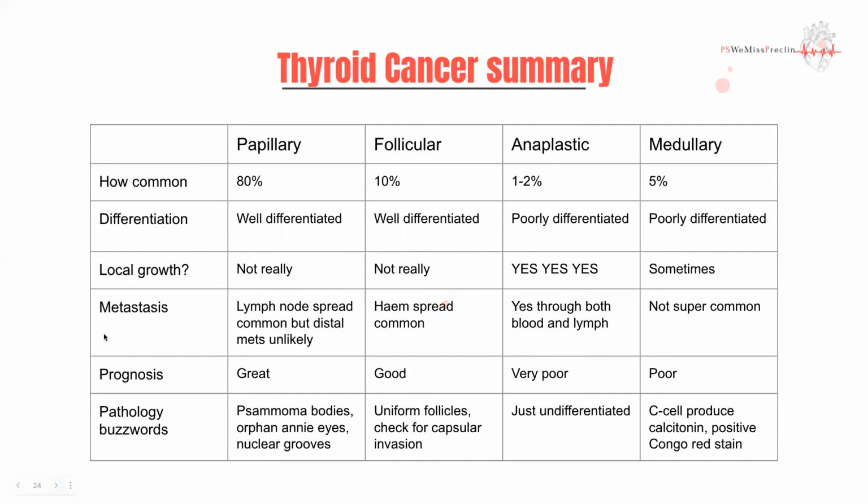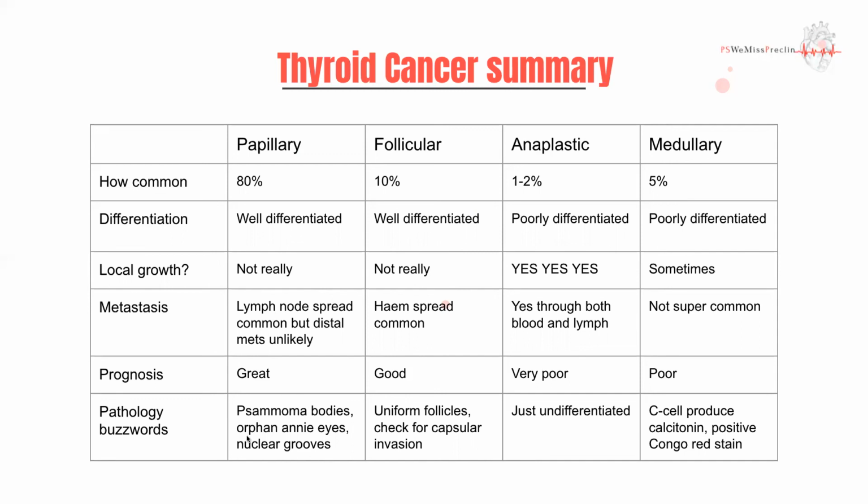Other things are that papillary cancers typically spread through lymph nodes, while follicular cancers often spread through the blood. The way I remember this is follicular cancers arise in the follicles. Follicles are the places that produce the hormone, and therefore that part will be very well vascularized, and therefore hematological spread is more common.